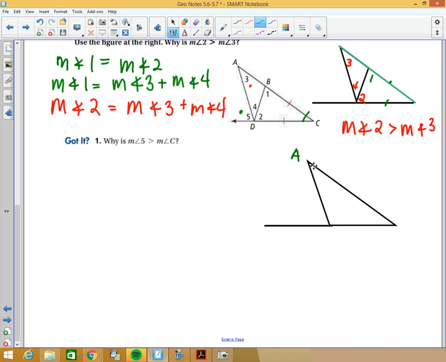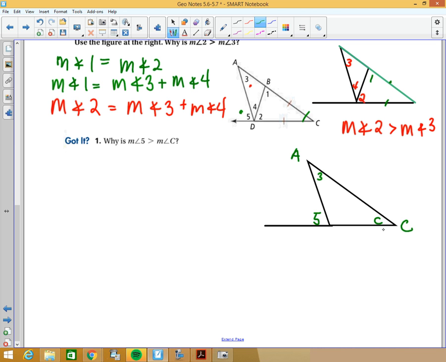If this is the larger triangle, that's A and that's C, and this is 5. You take out segment BD. Do you see the larger triangle? This is angle 3, and this one's not numbered, so we'll just call it angle C.